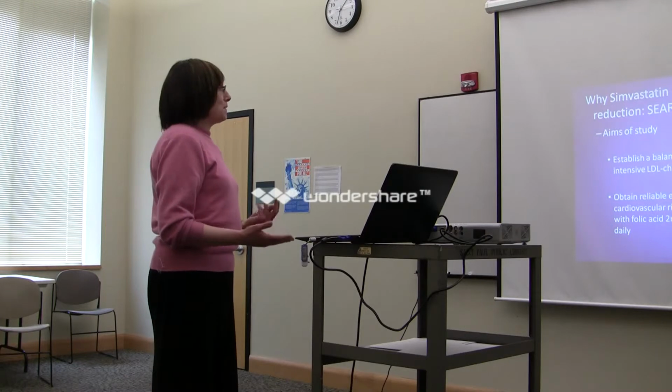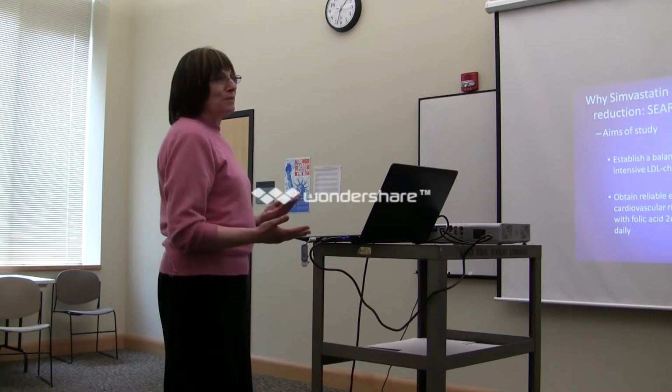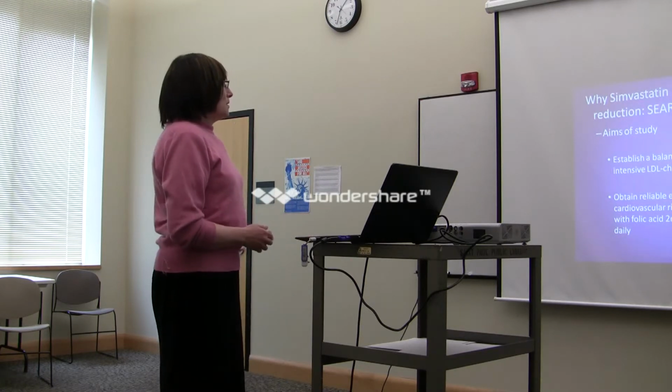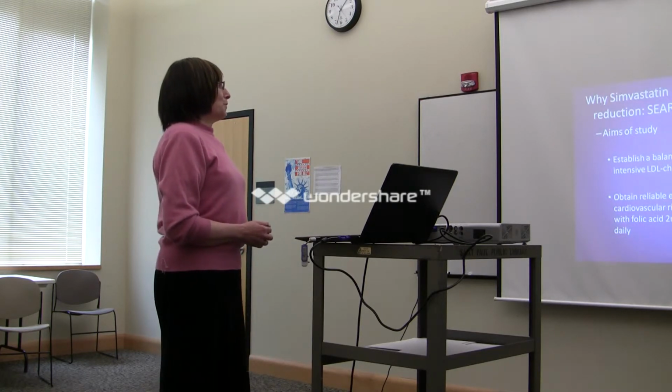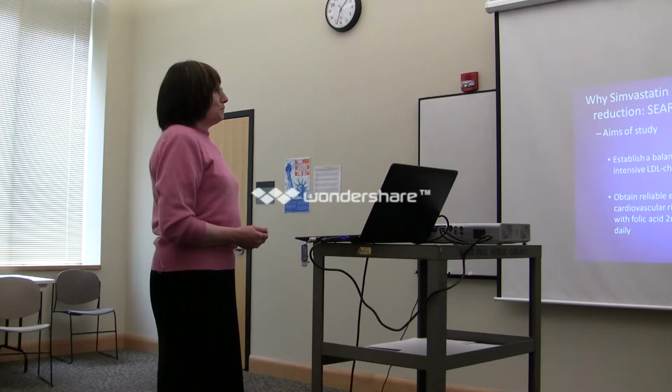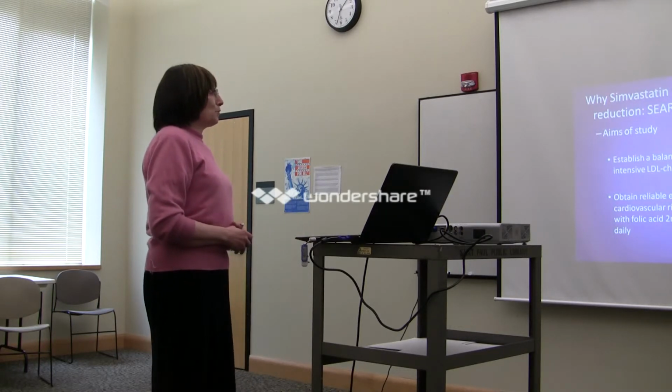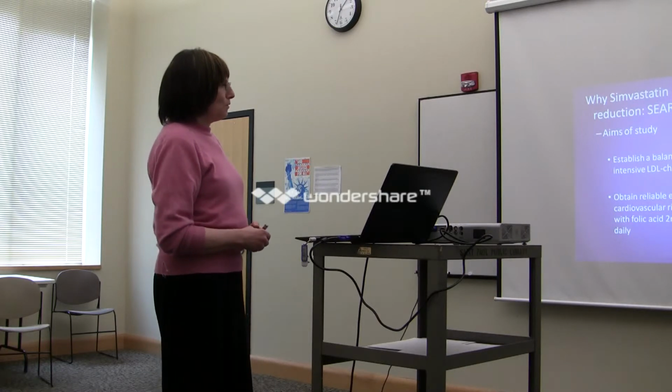And what they were trying to do is basically balance what is the optimum dose with the least amount of side effects with the myopathy. They were using as a placebo the folic acid 2 milligrams and the B12 1 milligram.